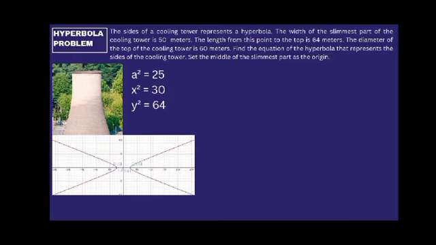Now, what do we want to find in this problem? We want to find the equation of the hyperbola. Since the center of the hyperbola is at the origin, the form of the hyperbola is like this: x squared over a squared minus y squared over b squared is equal to 1.